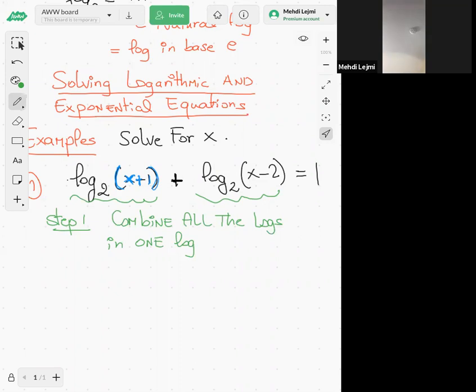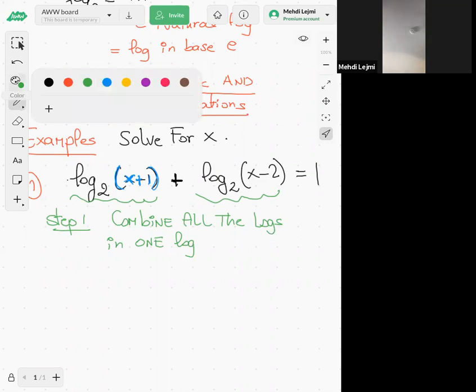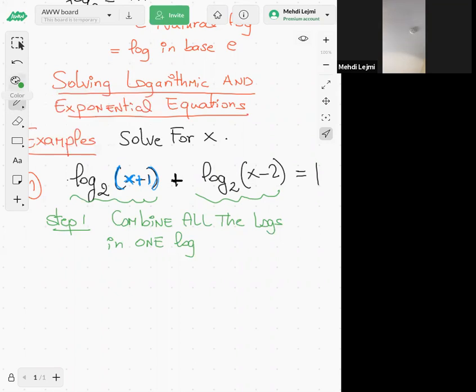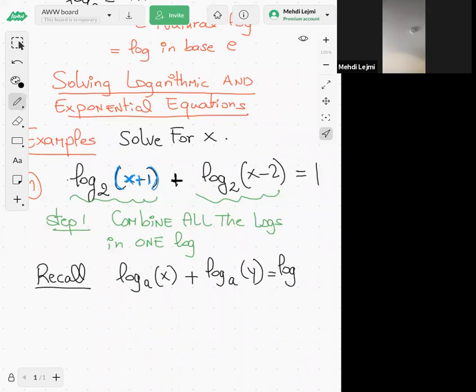Well, remember, guys, let me just remind you, we said one of the properties of the log. If you have a sum of 2 logs in base a, of x plus log in base a of y, then that will be the log of x times y, right?